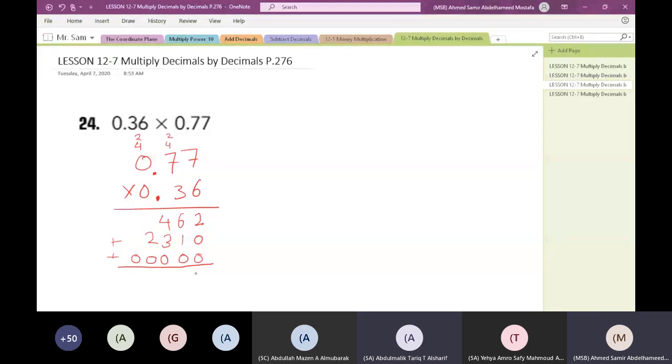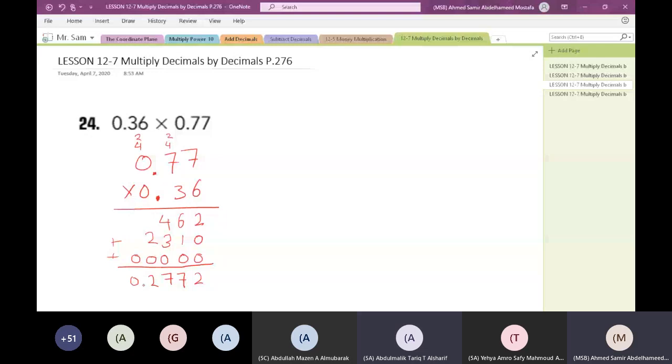Now we add them up. 2 plus 0 and 0 will equal 2. 6 plus 1 is 7. 4 plus 3 is 7. And 2 plus 0 is 2. And 0, because there's no number left, we just put it down. Now where to put the decimal point?